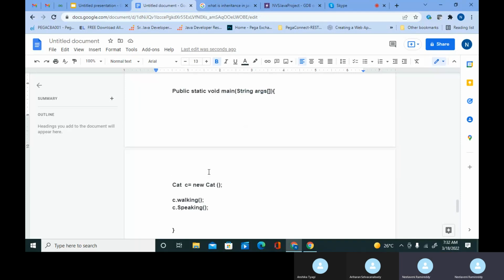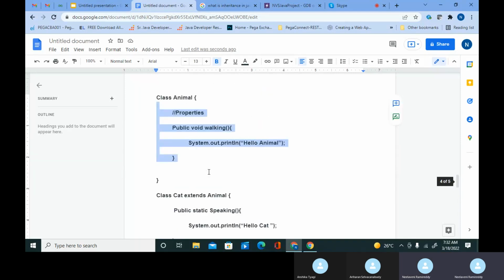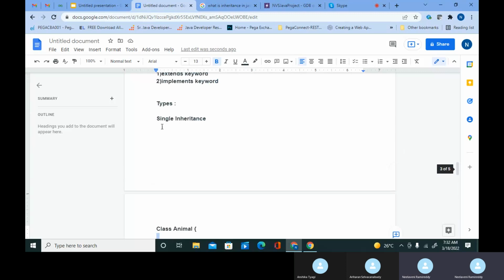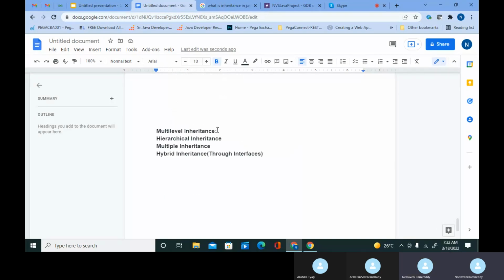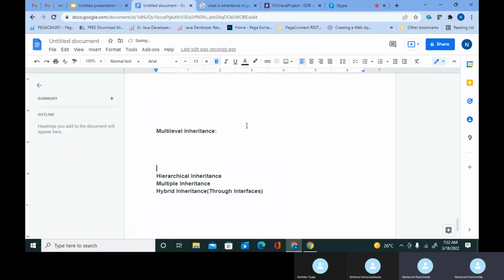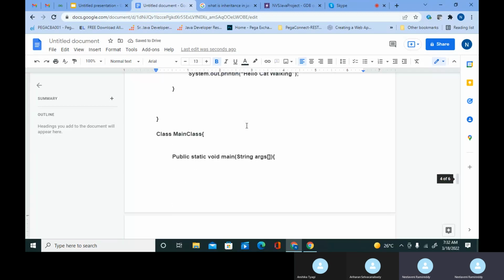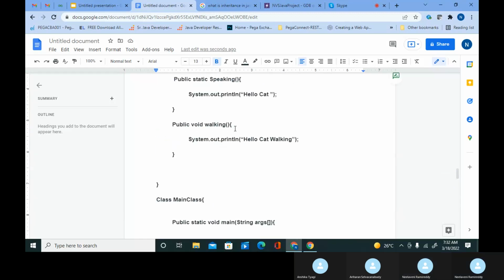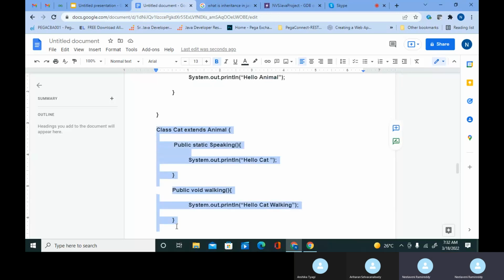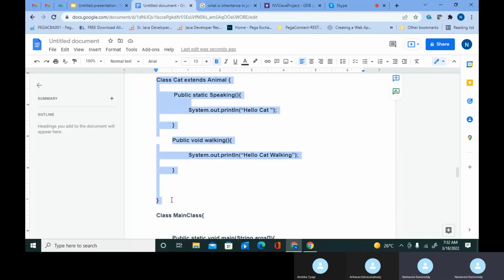So this kind of type we call single level or single type inheritance. Then we'll go for the second type, multi-level inheritance. Here we have cat extends animal, right? The same method I'm going to write, same class.